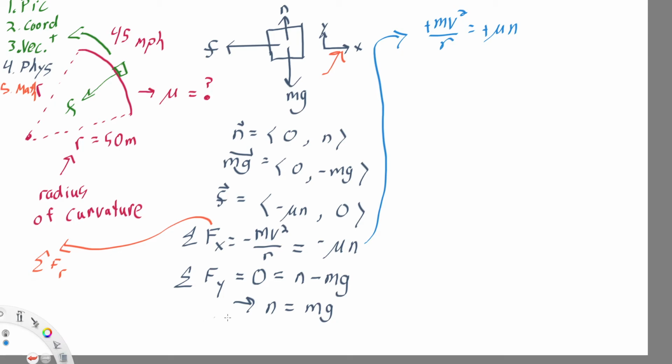And from our consideration of the y direction, we know how much normal force we must have here. And actually that lets us cancel out the m's as well, which means the size of your car, like the weight of your car, doesn't have any bearing on the safe use of an on-ramp.